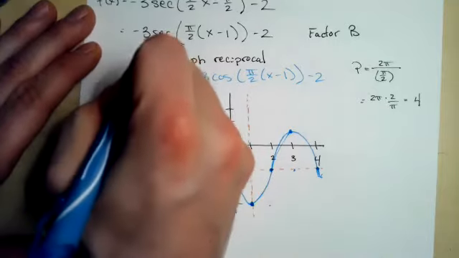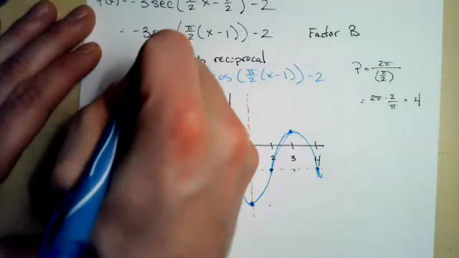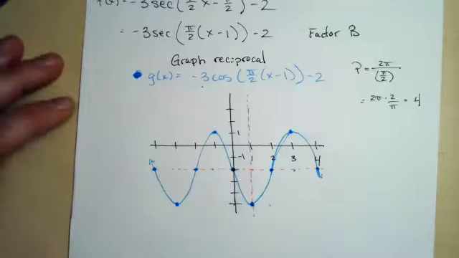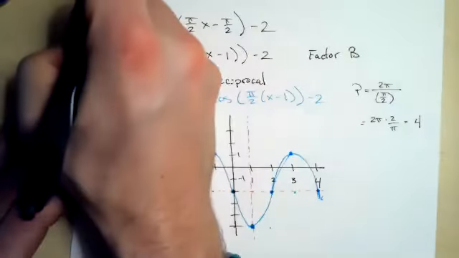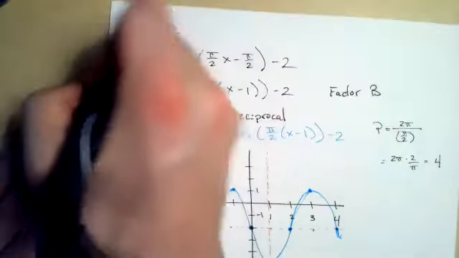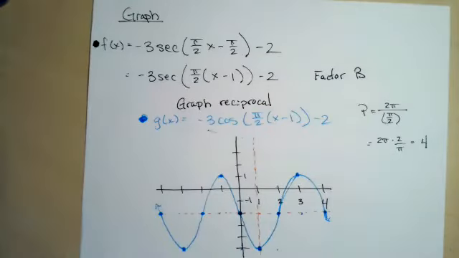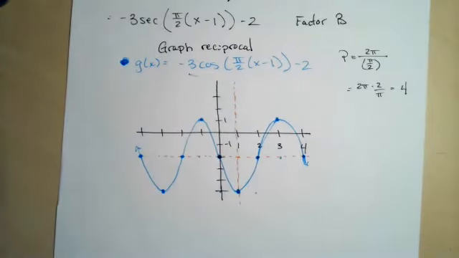So that was our cosine. Make a little legend there. So the blue is the cosine. We want to graph our function in black. And our original function was secant. So how do we graph secant? It's not too hard.